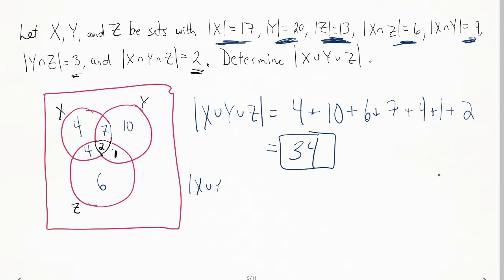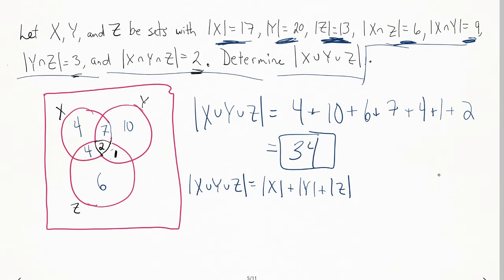Well, another approach, kind of building on what we did on the previous page, is we can sum up the three separate cardinalities. But notice, let's look at x and y, for example.